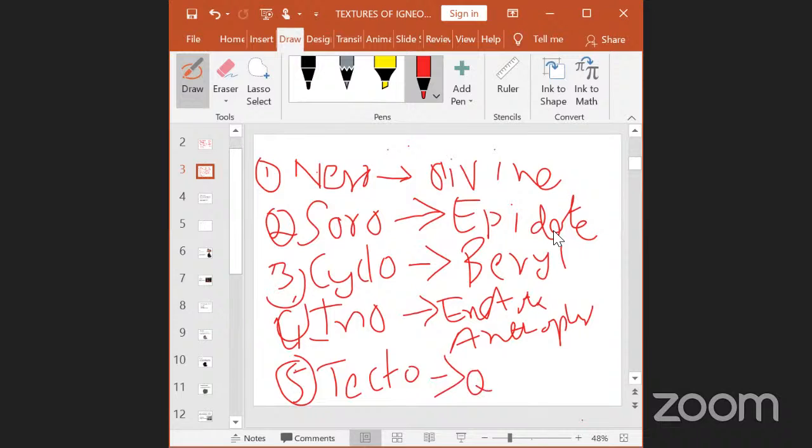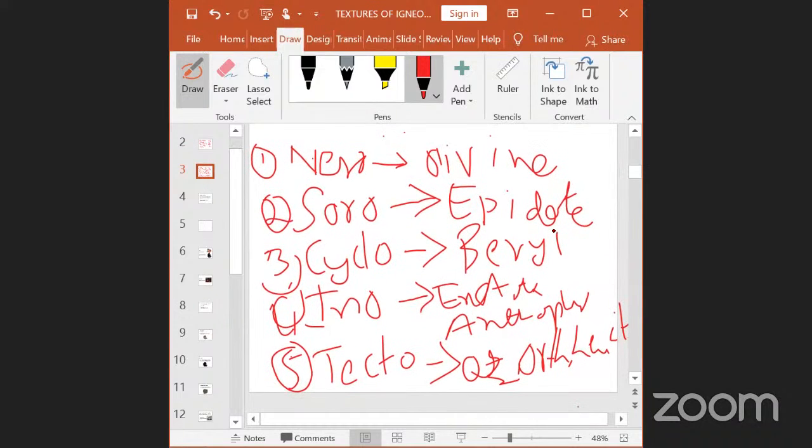Examples are quartz, orthoclase, and leucite. These are some of the silicate structures: nesosilicates, sorosilicates, cyclosilicates, inosilicates, and lastly tectosilicates. These are the five types of silicate structures.